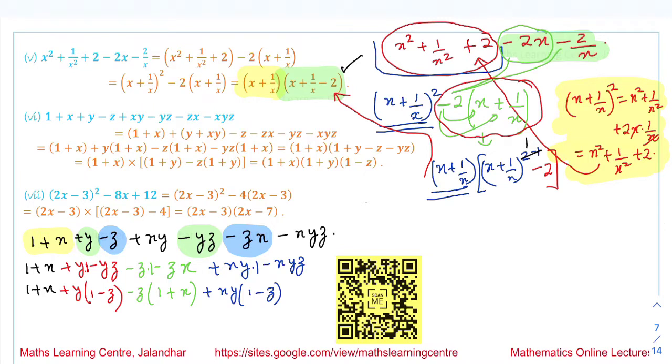Now what we see from this is 1 plus x, this is 1 plus x. Second thing is this is 1 minus z, this is 1 minus z. So again we group these terms, it is 1 plus x minus z into 1 plus x. Next is plus y into 1 minus z plus xy into 1 minus z.